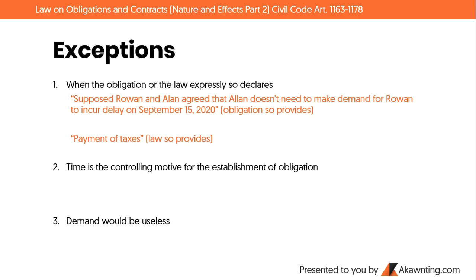So, meaning, yun nga, hindi mag-a-apply yung general rule natin which is no demand, no delay. Another example, so payment of taxes. So, law so provides. So, in this case, hindi kailangan, for example, hindi kailangan ng mag-demand ng BIR all the time para bayaran mo na yung taxes due mo on certain dates.